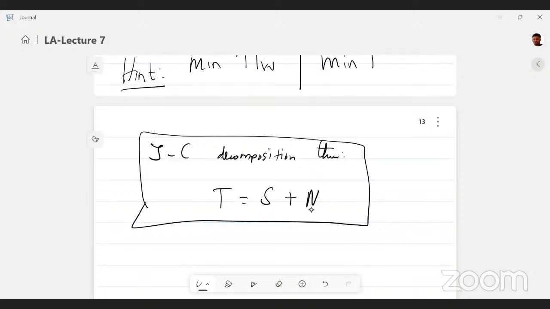In this decomposition, both S and N mutually commute, so you will have a basis with respect to which both S and N are simultaneously written in some form. S can be written in diagonal form and N in nilpotent form.